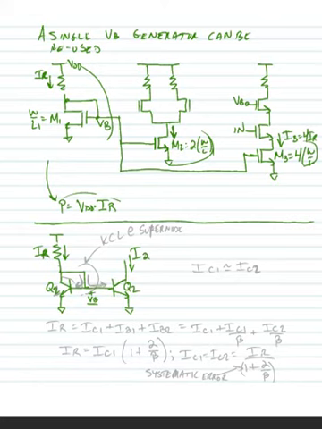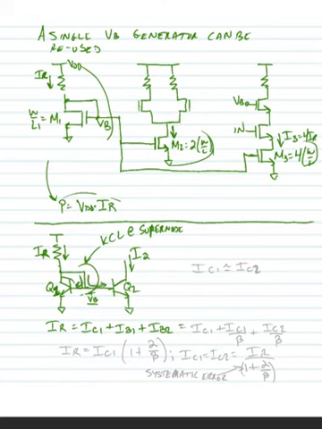Now we can solve this circuit by doing a KCL at this supernode. And when we do KCL at the supernode, we would note that IR is equal to IC1, the collector current in transistor 1, plus IB1, the base current flowing into transistor Q1, plus IB2, which is the base current flowing into transistor Q2.